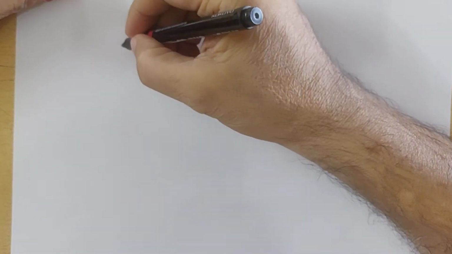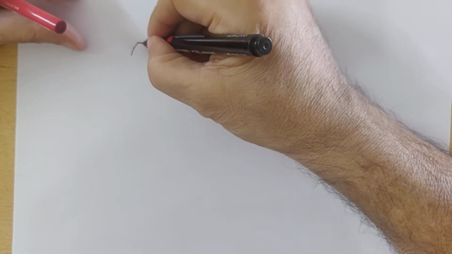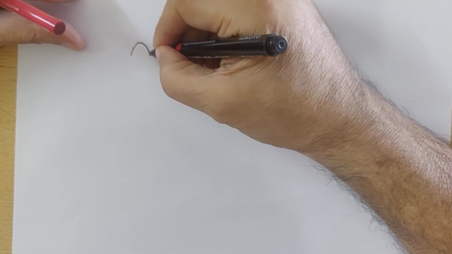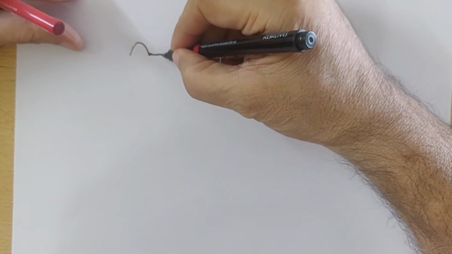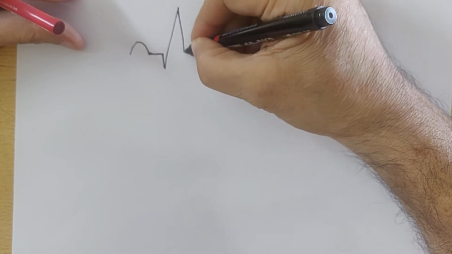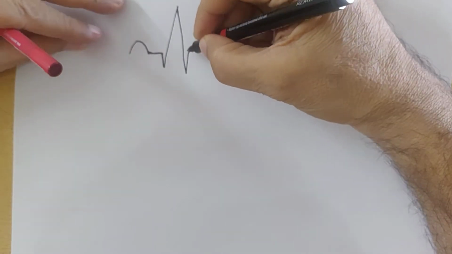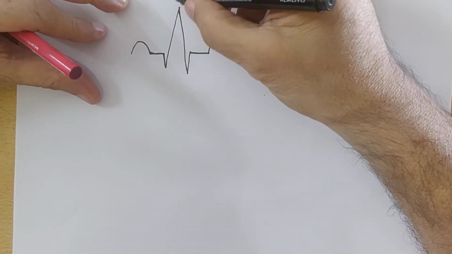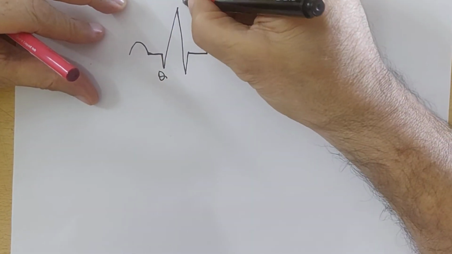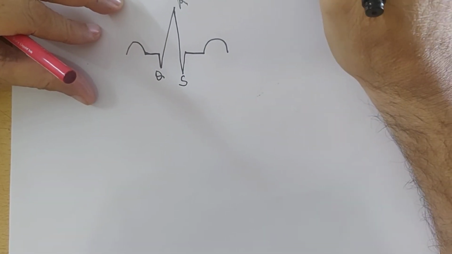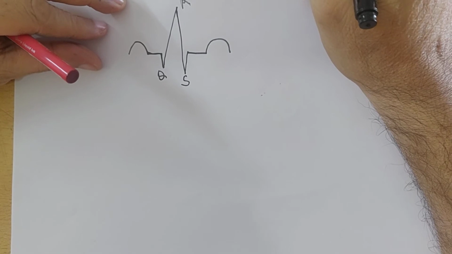The atrial wave is represented by a P wave. Then there is a PR interval. Then there is a Q wave, R wave, and S wave. And finally there is a T wave. This QRS complex signifies ventricular systole.